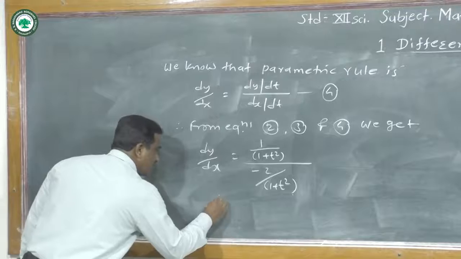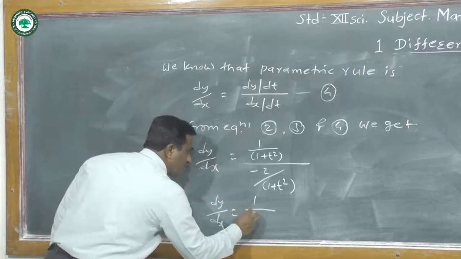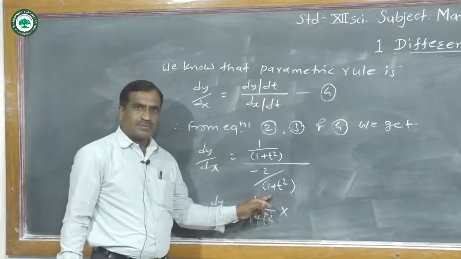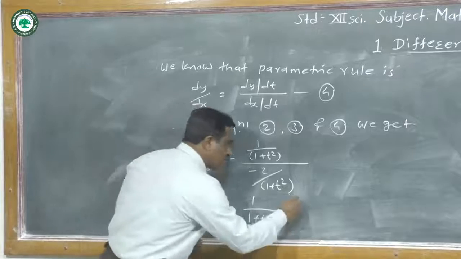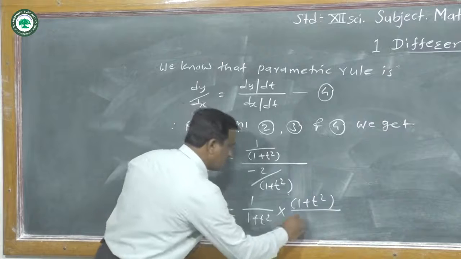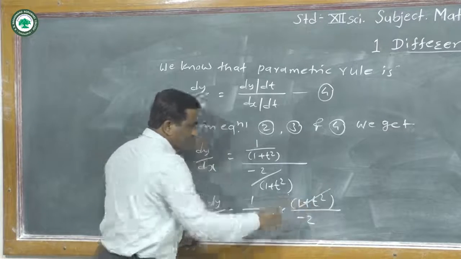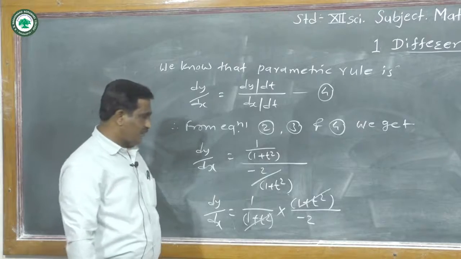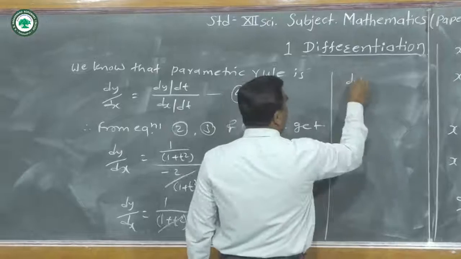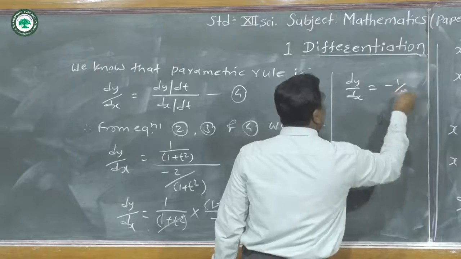That is, dy by dx is equal to 1 upon 1 plus t square into, taking the reciprocal of the denominator term, 1 plus t square upon minus 2. The 1 plus t square terms cancel out, and remains only dy by dx is equal to minus 1 upon 2.